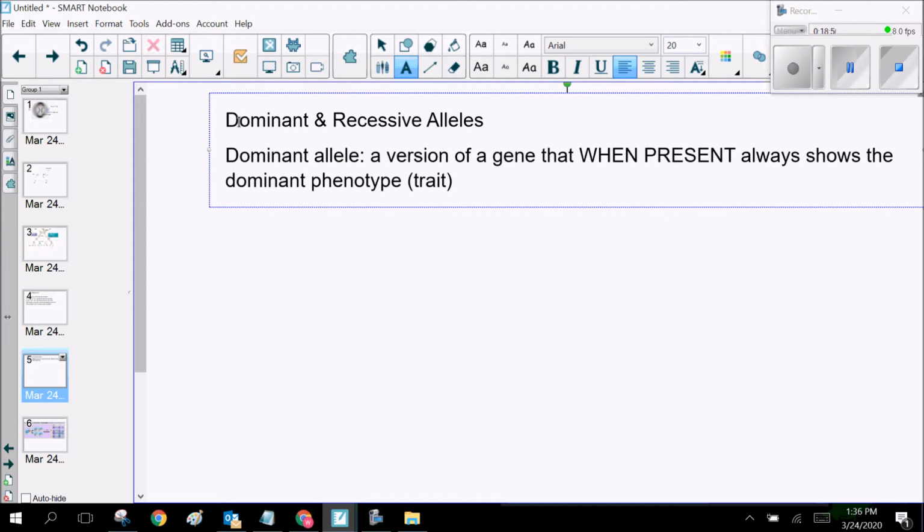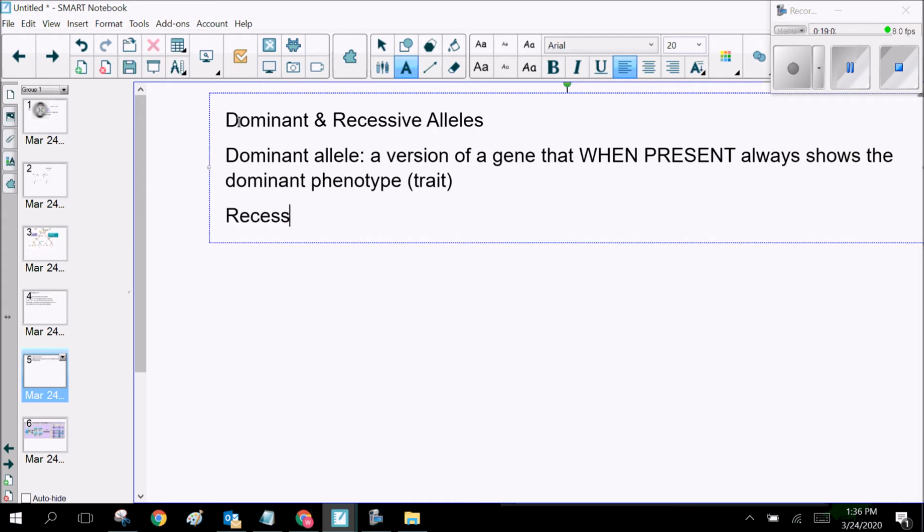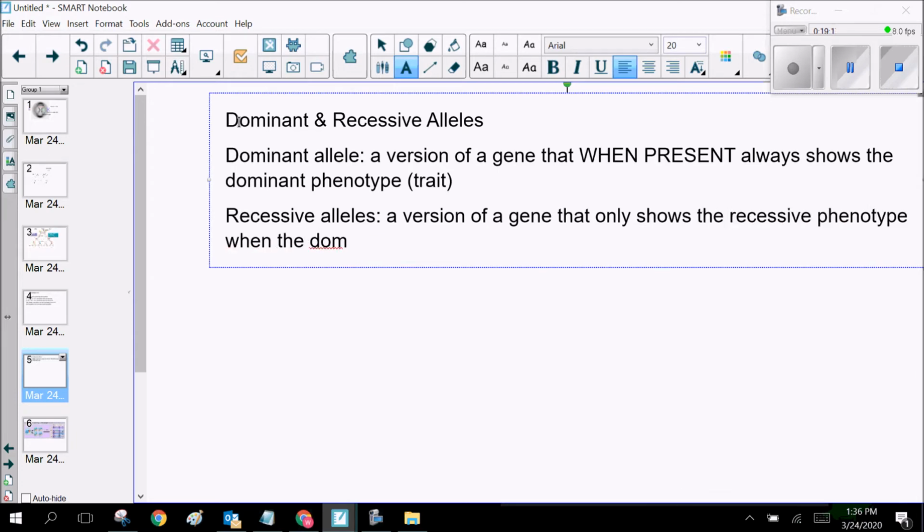So when you have the dominant allele, you will always show the dominant version of that phenotype or trait. A recessive allele is a version of a gene that only shows the recessive phenotype when the dominant allele is not present. In other words, you have to have only recessive alleles for a particular trait in order to show that phenotype.